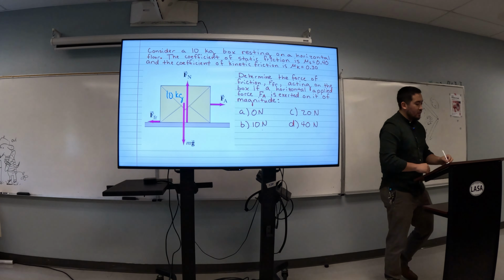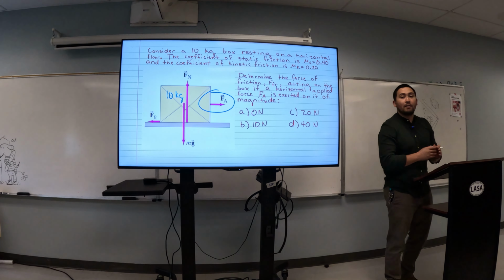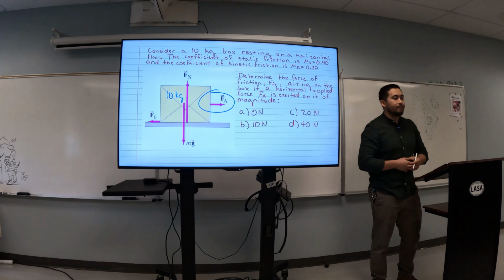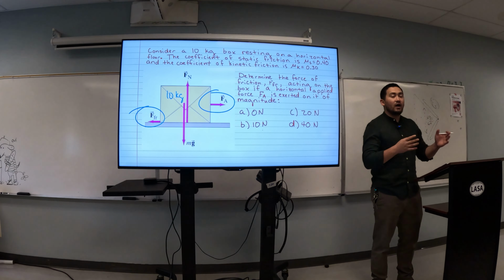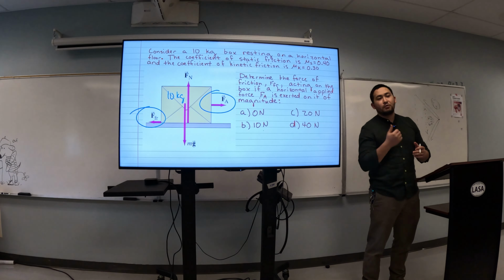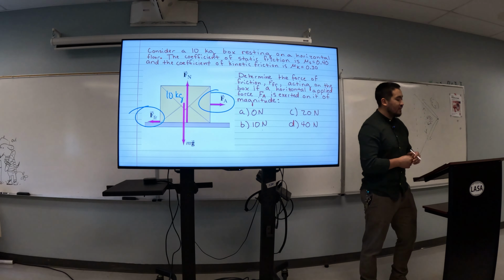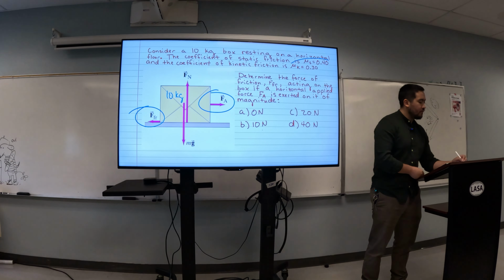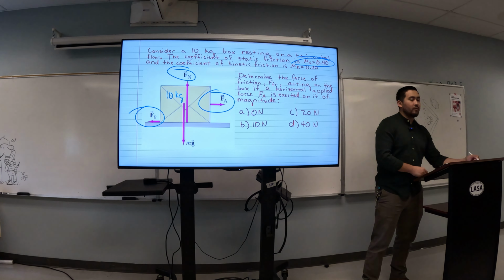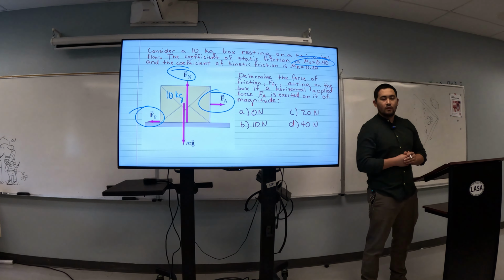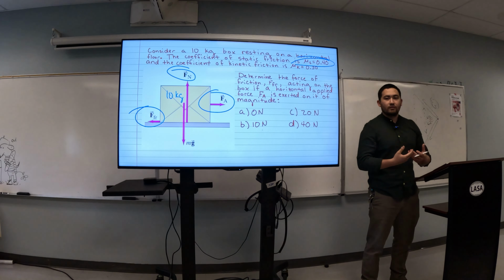So let's assume we apply some force horizontally to the right. Then there must be some force of friction pushing in the opposite direction, to the left. That's going to depend on the static friction coefficient and the normal force. In this case, it gives us both.